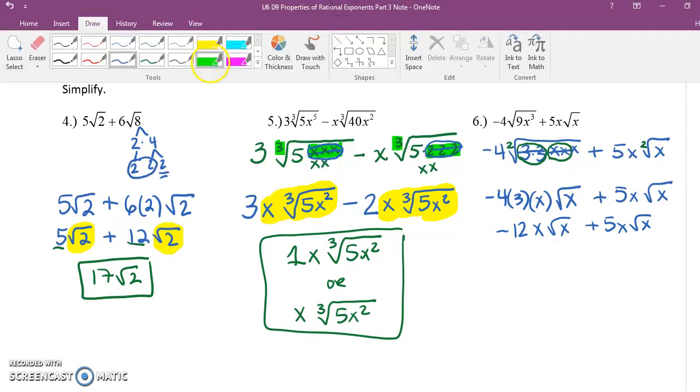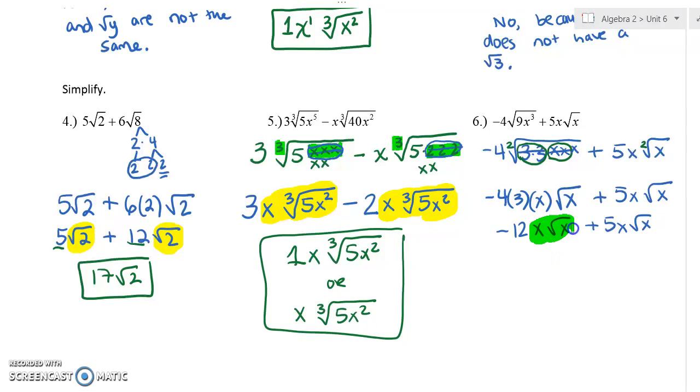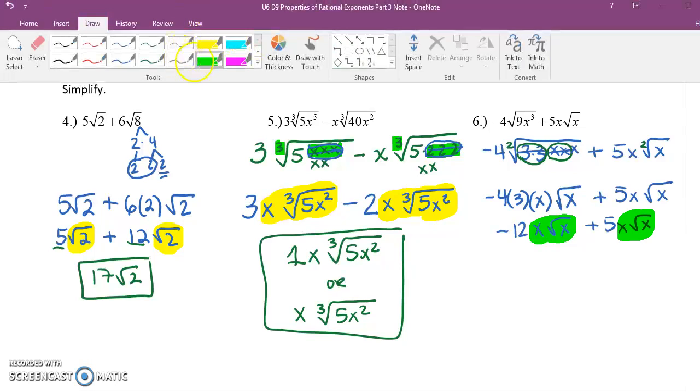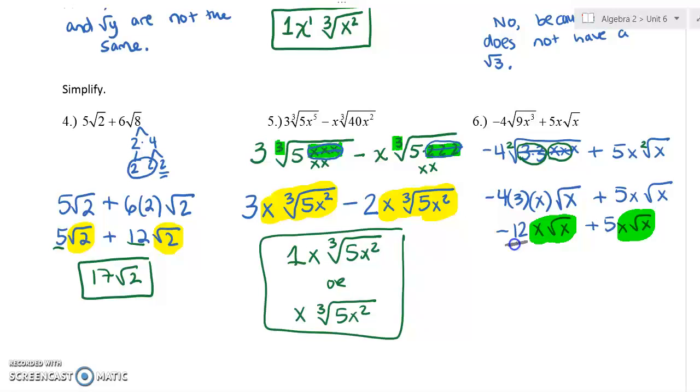And if you can see the like terms, we both have x times square root of x on both of them. So really what we have to do is add negative 12 plus 5, which is negative 7x square root of x. And that's our final answer.